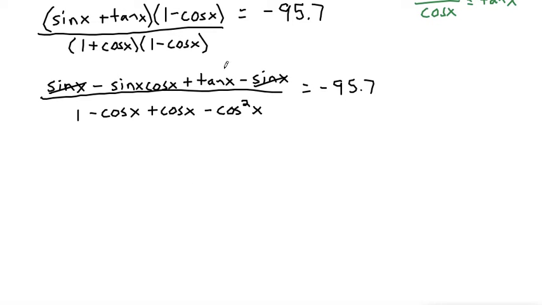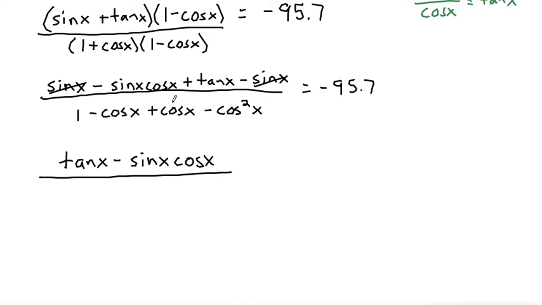Just for simplification, I'm going to write the tan first. So tan x minus sin x cos x over the denominator, where the cos x and minus cos x cancel out, leaving 1 minus cos squared x.